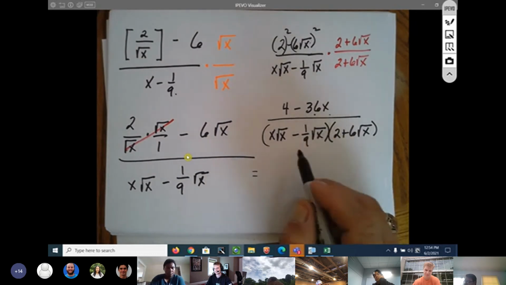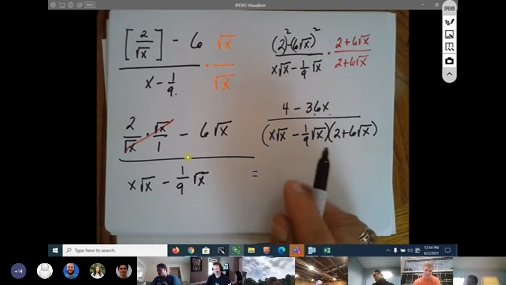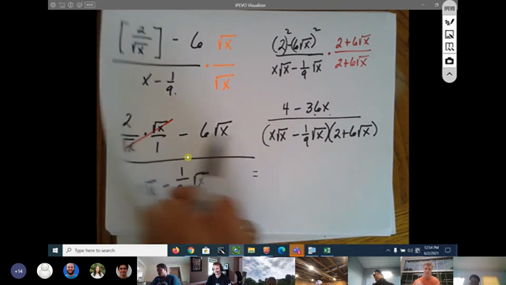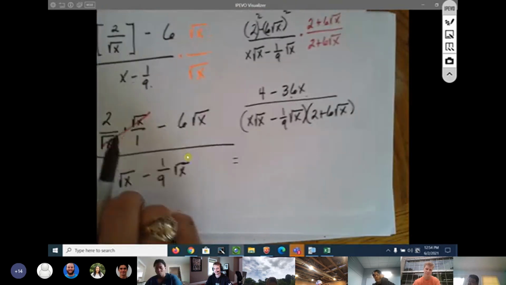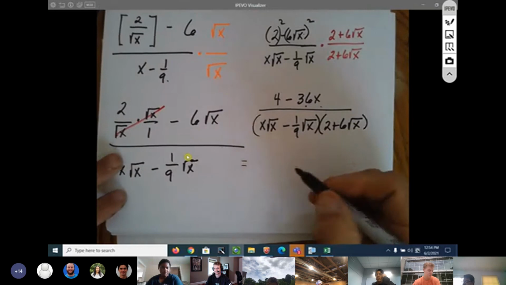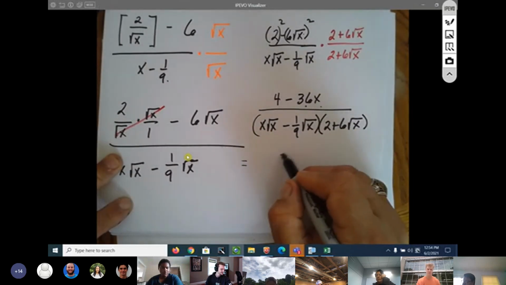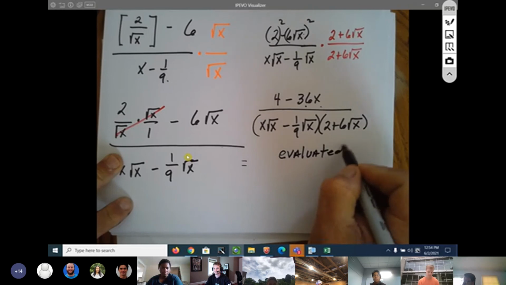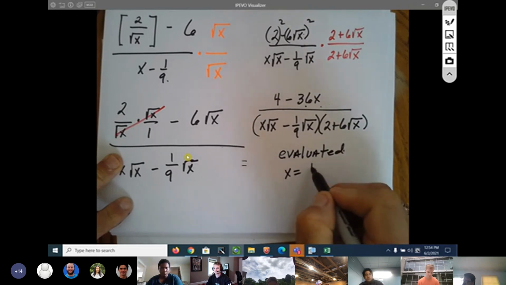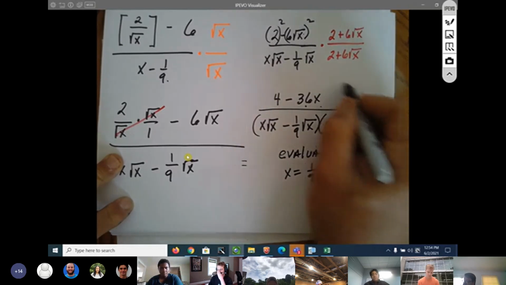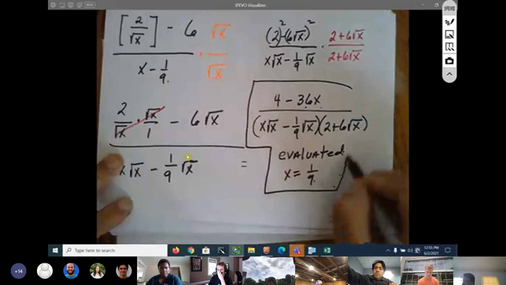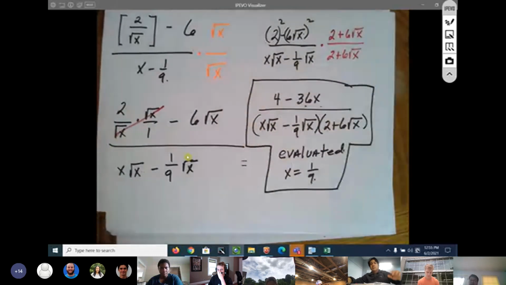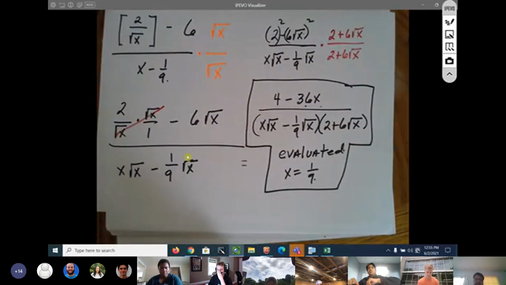But anyway, they want you to plug in 1/9 now, and that's what you're going to plug in. I'm just going to write this as 4 evaluated with x equal to 1/9. I'm going to leave it at that because you're not going to solve it. That's a mess.